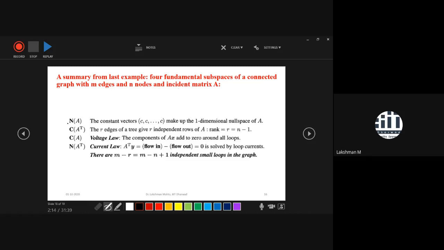Then the null space of the matrix would be a simple one-dimensional null space, generated by a specific vector where every entry is 1. So it is a line with direction 1 1 1 1, whatever connected graph with any size you are taking, depending upon the number of edges and nodes.